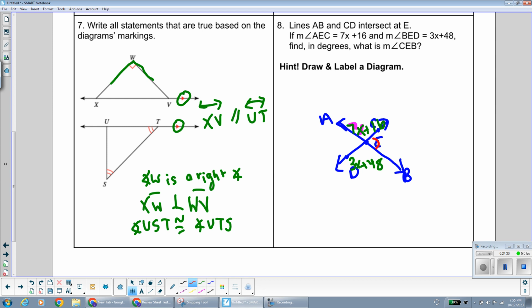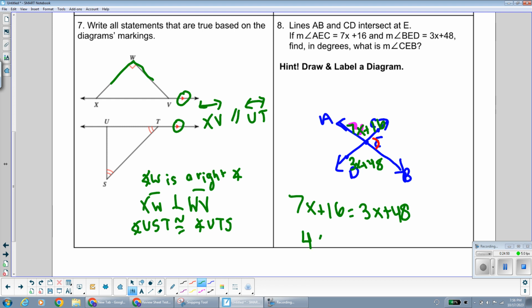So we're looking for this angle. First, I'm going to recognize that the two angles I have are formed by intersecting lines. We see the letter X, and they're opposite from each other. They're vertical angles, so they are equal to each other.